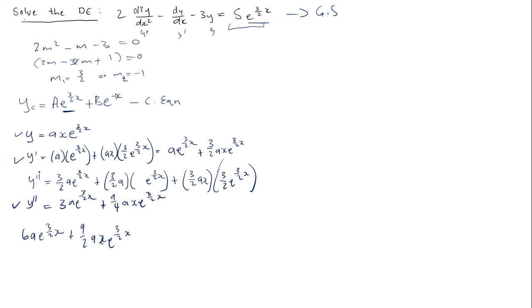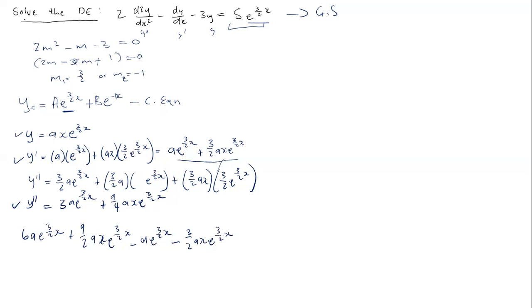I'm going to substitute my first. Where is my first? Here's my first derivative. I'm going to substitute my first derivative over there. So that means I'm going to have negative a e to the power of 3 over 2x. And then negative, right? We still have negative. And I have to multiply negative 3 over 2 over there. We're going to have negative 3 over 2 a x e to the power of 3 over 2 multiplied by x.